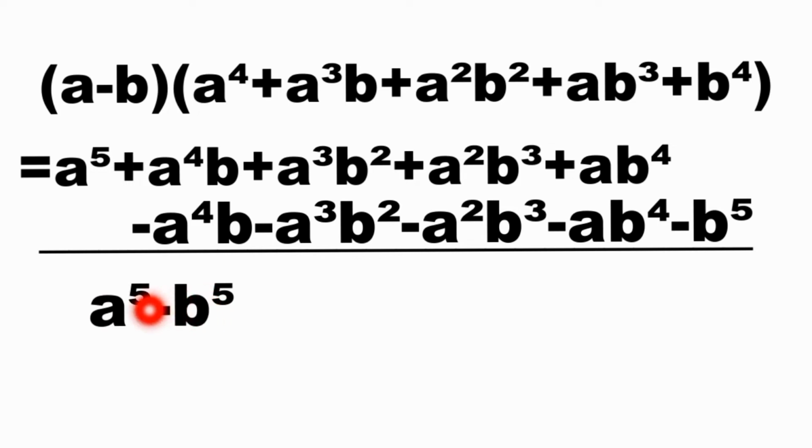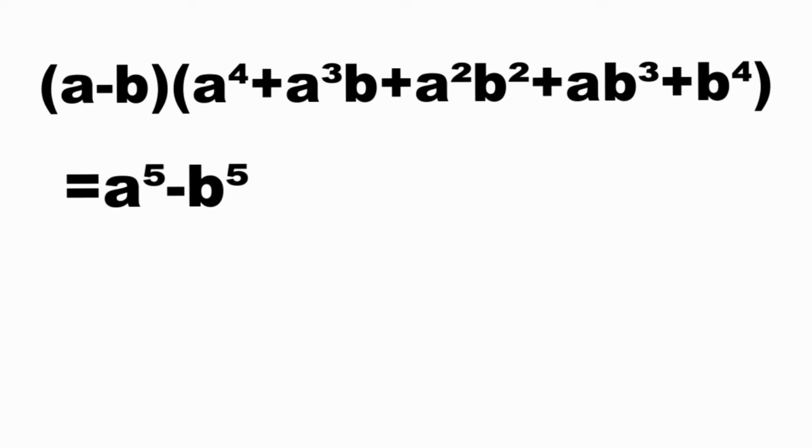So this is an odd power, 5 and 5. So multiplying the quantity A minus B times A to the fourth plus A cube B plus A squared B squared plus A B cube plus B to the fourth is equal to A to the fifth minus B to the fifth.